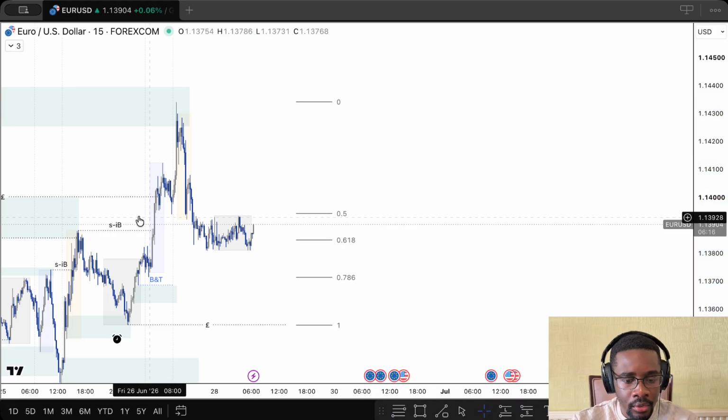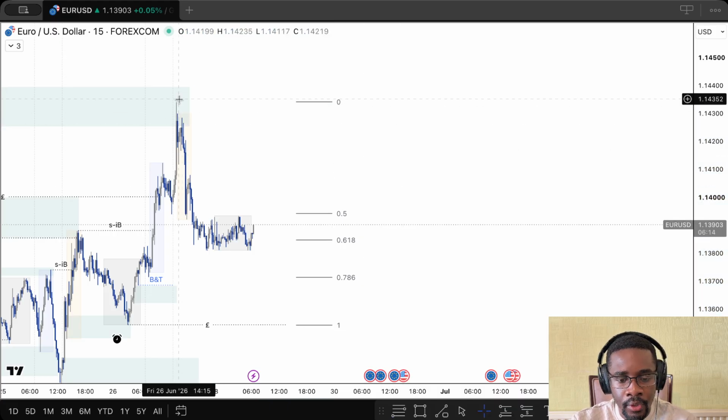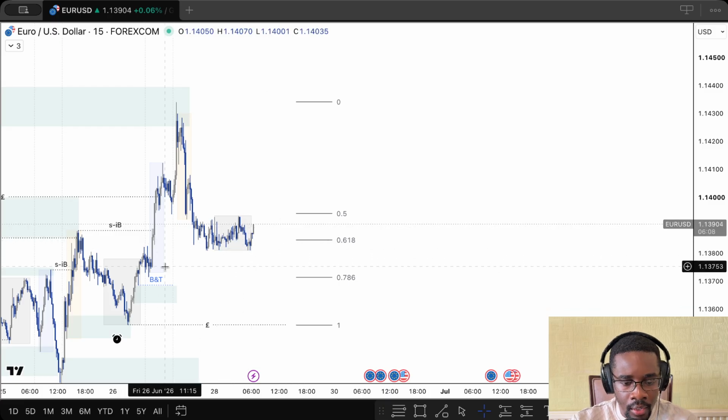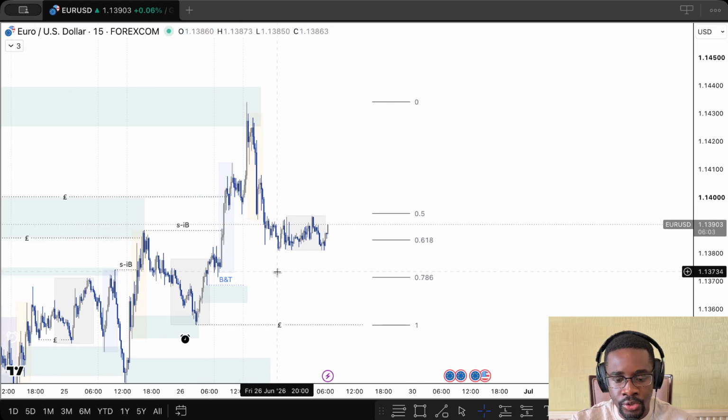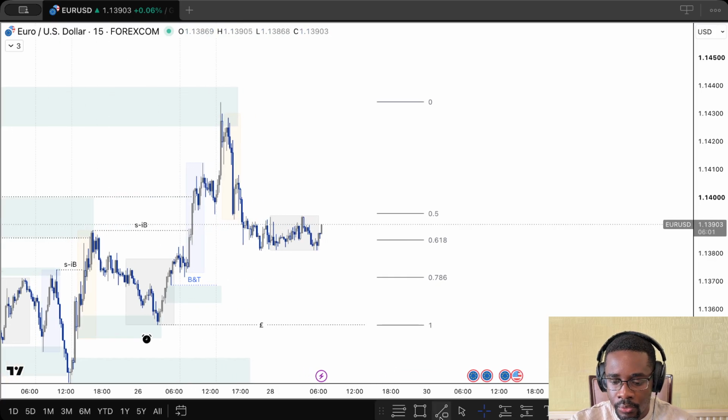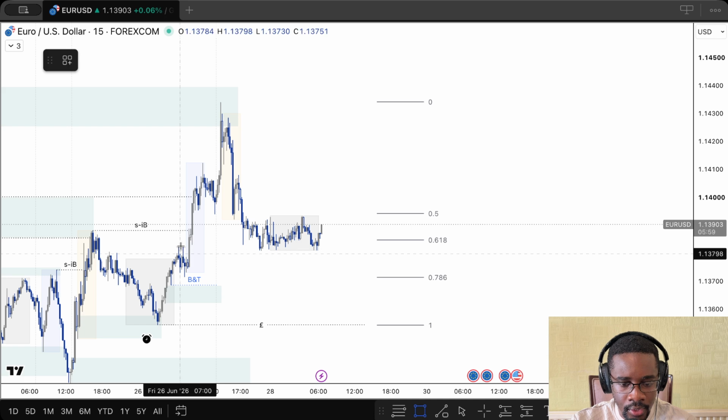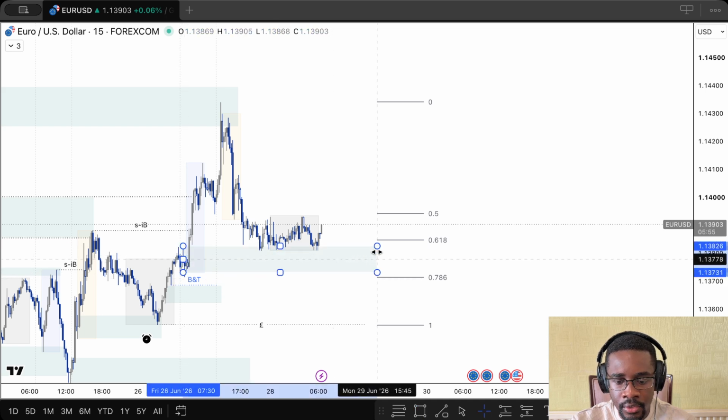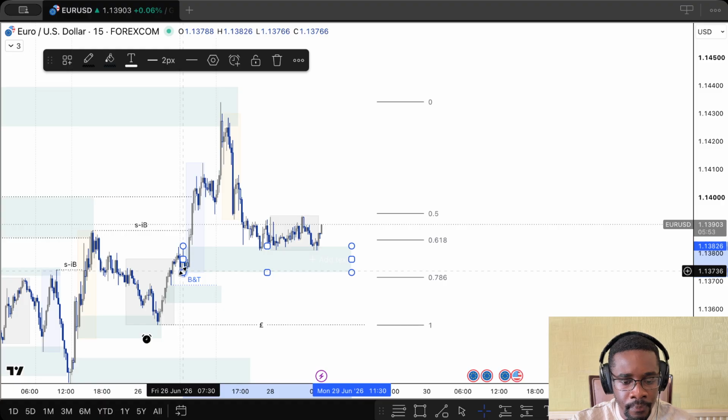Okay, so we mitigated that extreme supply, and then we see price push down, and this is discount of the range. And so if this internal trend is going to continue, we have price mitigated this area. Okay, price mitigated this area right here.